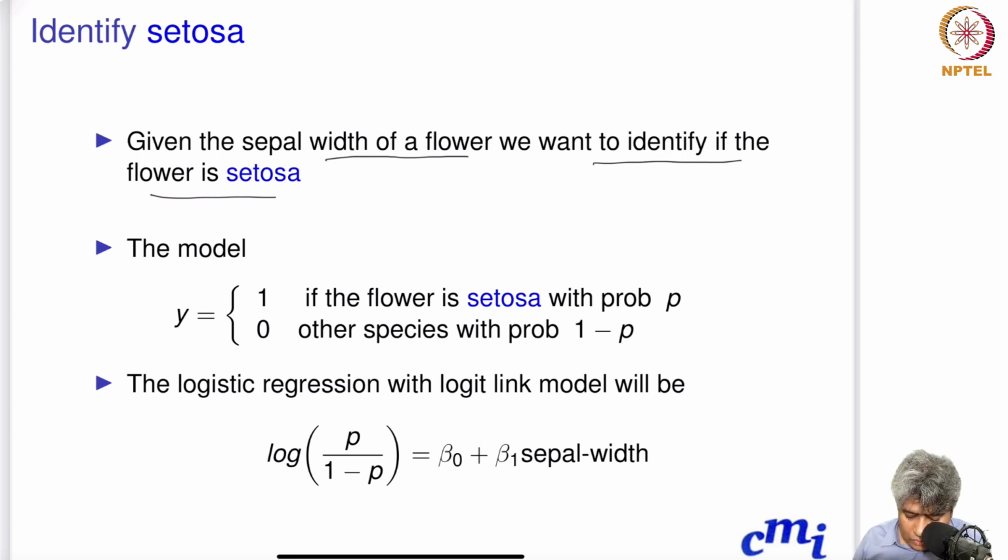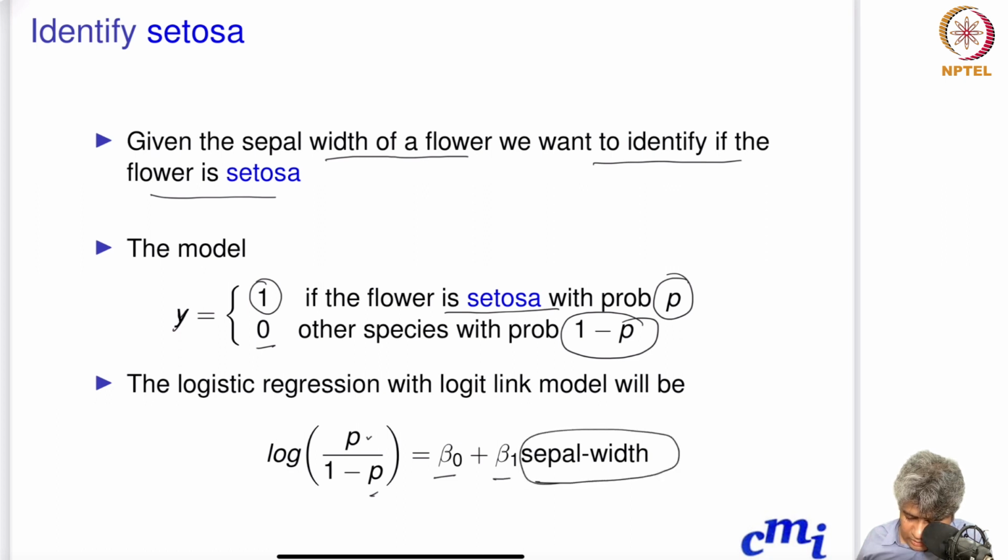So the model is: y equals 1 if the flower is setosa with probability p, and 0 if it is another species with probability 1 minus p. The logistic regression with logit link model will be log of p over 1 minus p equals beta naught plus beta 1 times sepal width. Based on one predictor, sepal width, can I identify setosa?